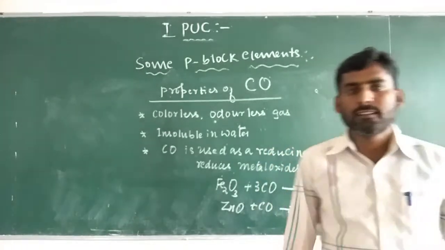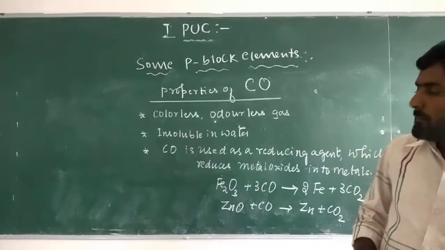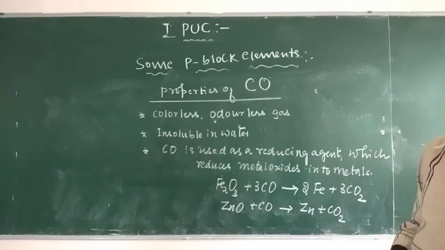So metal oxides are reduced to metals by using carbon monoxide as a reducing agent.